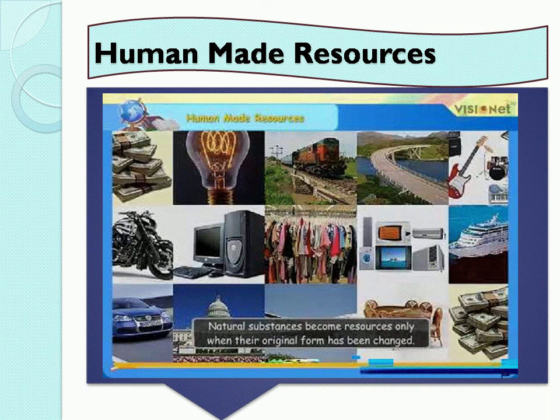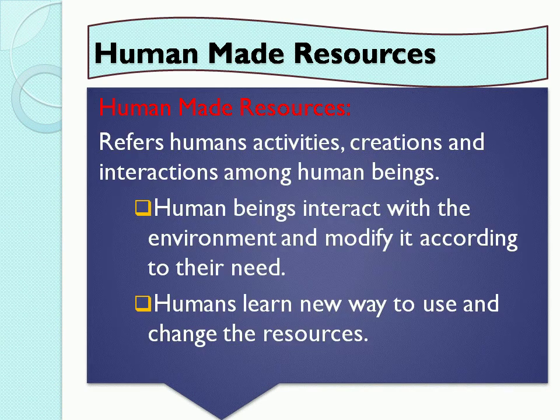And also, it refers to humans' activities, creations and interactions among human beings. Human beings interact with the environment and modify it according to their need. Humans learn a new way to use and change the resources. For example, they made technology.